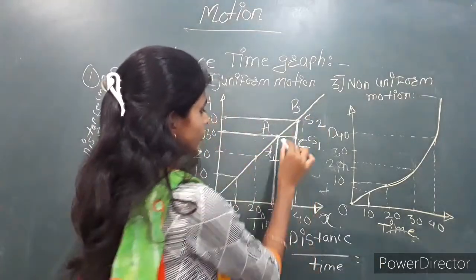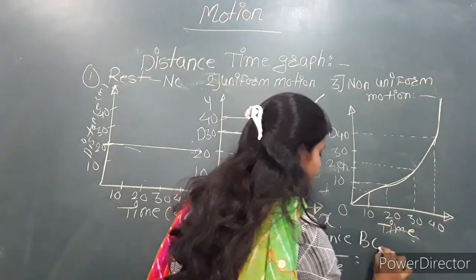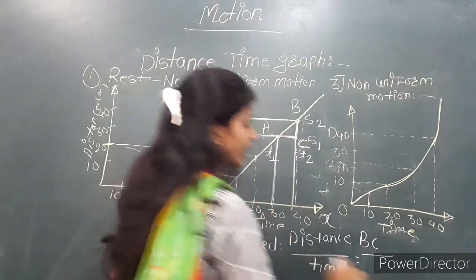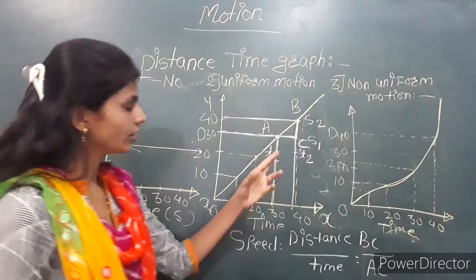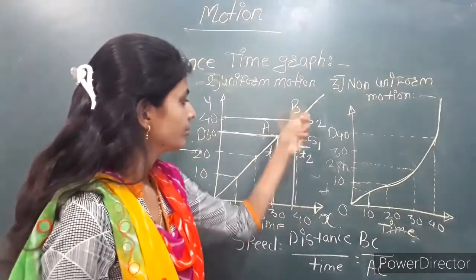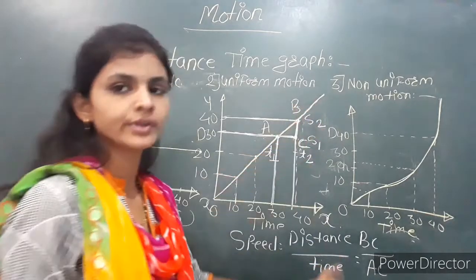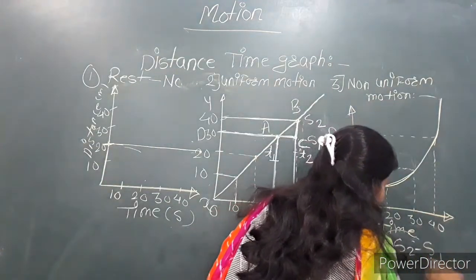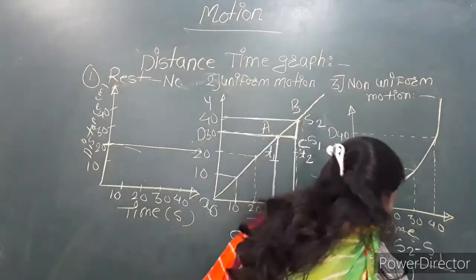The BC represents distance, and the AC represents time intervals. BC means it is the distance between S2 and S1. So here BC means S2 minus S1, and AC means T2 minus T1.